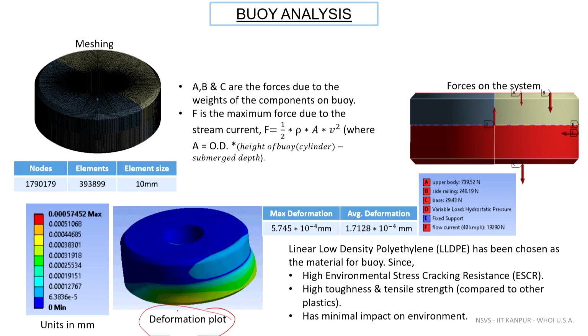One of the important things is that as a structural material, based on the forces, we had decided to use linear low density polyethylene, and we also had to select a material with higher environmental stress cracking resistance, high toughness and tensile strength, and minimal impact on the environment.